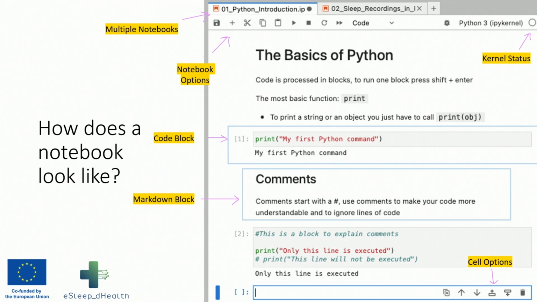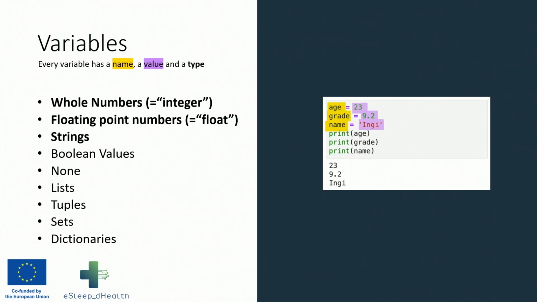So now you have a general overview of how a Python workspace looks. And let's dive into the basic grammar in Python. One fundamental thing you need to know in Python are variables. Every variable has a name and a value and a type.